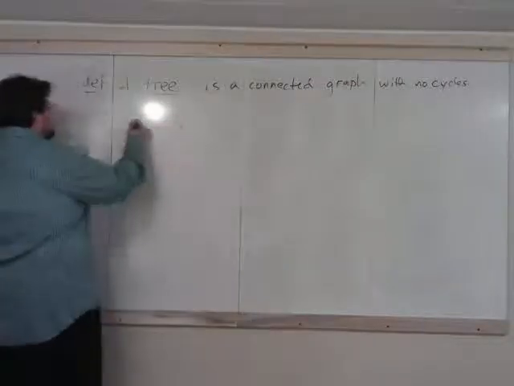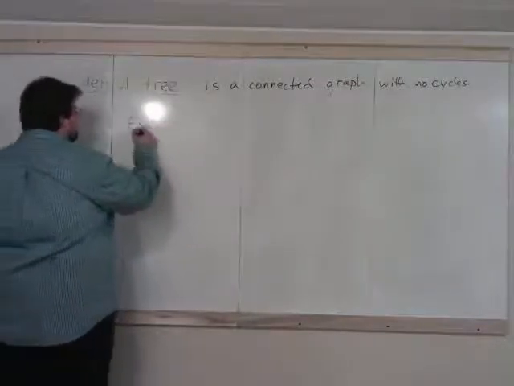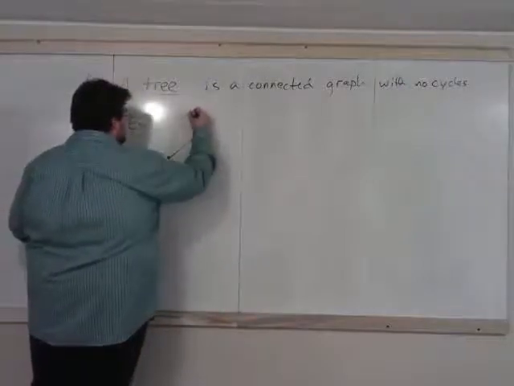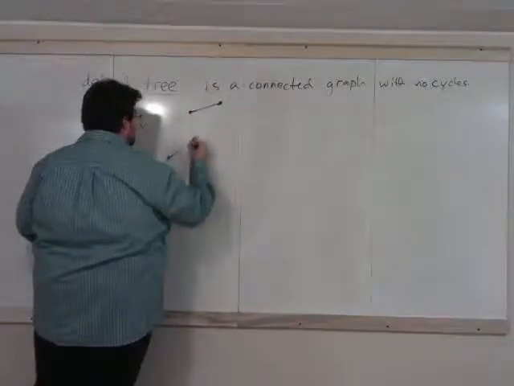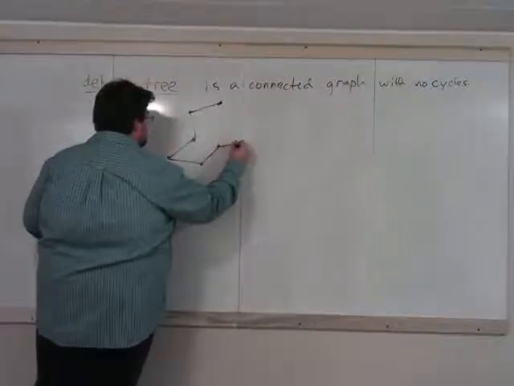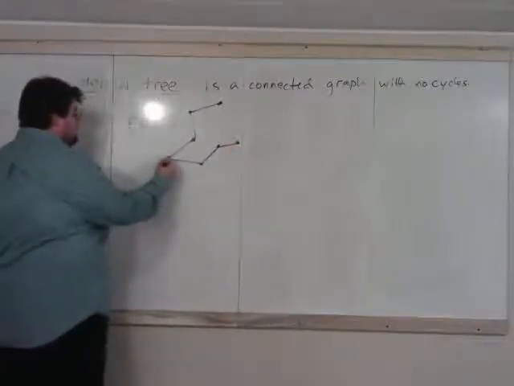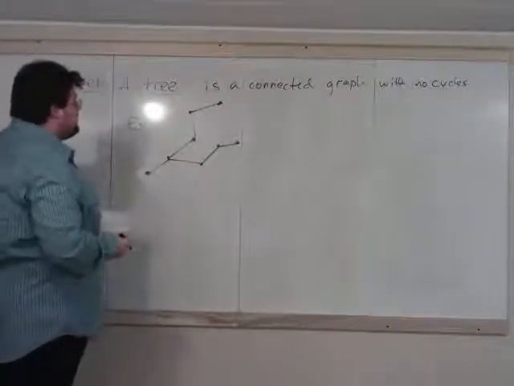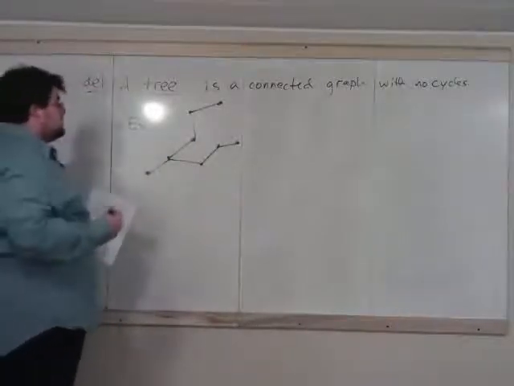So an example, something that's a tree could look like this. Something like that is a tree. Notice there are no cycles and it's all one piece.